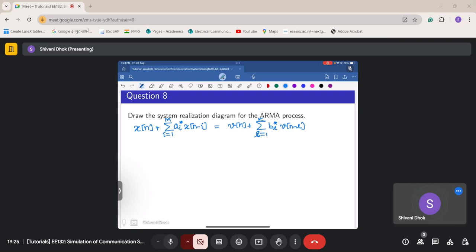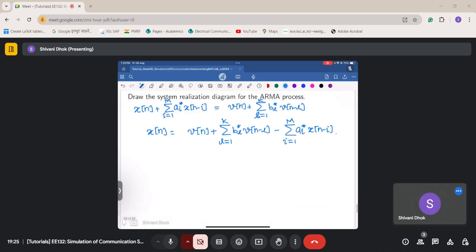Okay. So then I can write X of n as V of n plus summation L equal to 1 to k B of L conjugate V of n minus L minus summation I equal to 1 to m A I conjugate X of n minus I. So let us try to have this.